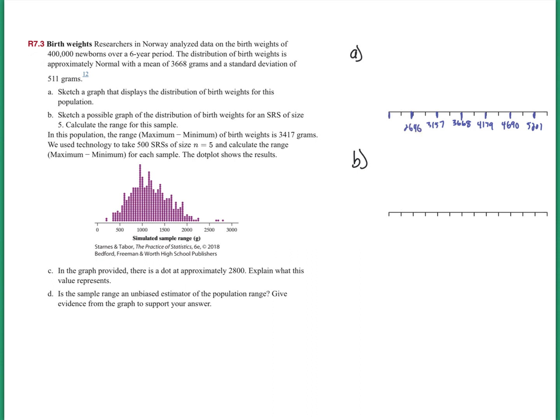And then maybe one more, subtract 511 from that, we get 2135. Okay, so there's the mean, and then this is 1 standard deviation above the mean, 2 standard deviations above the mean, 3 standard deviations above the mean, and that's probably good.